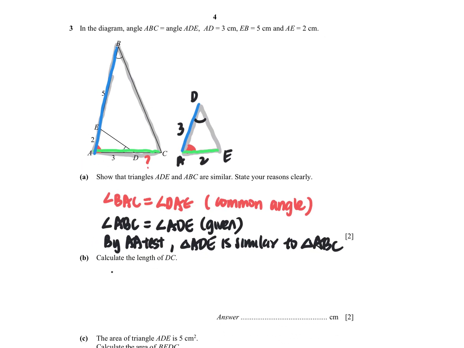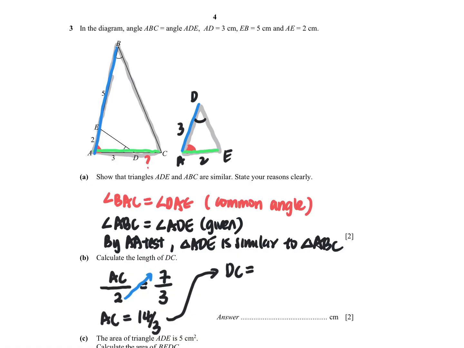So I will write AC over 2, the green side, AC over 2 is equal to the blue side, 7 out of 3. So to find AC, I cross multiply my 2. So it's just 14 over 3. I keep it as 14 over 3 first, because my ultimate goal is to find CD or DC.